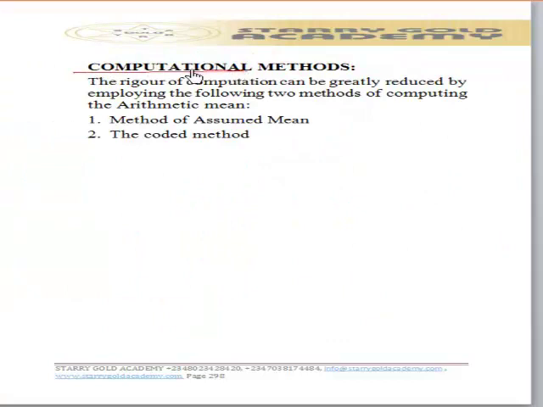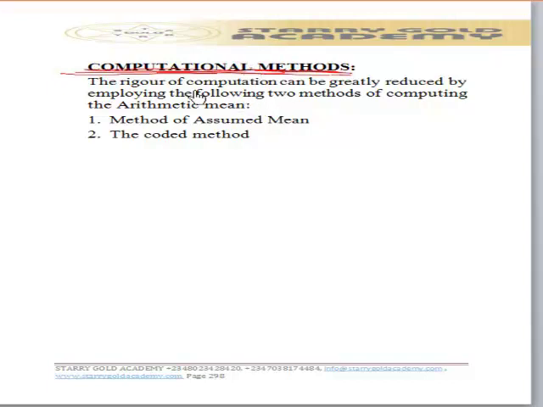So let's look at some methods of computation of arithmetic mean. Generally we have looked at arithmetic mean and we have seen how it is being computed, but it must be noted that there are some other methods which we can adopt in order to compute the arithmetic mean of a given statistical data, and we are still going to get the same result.